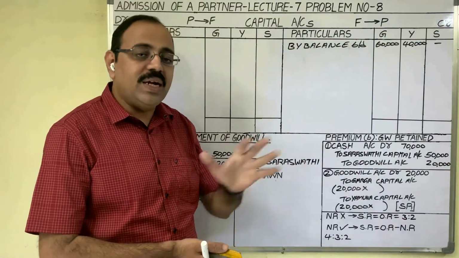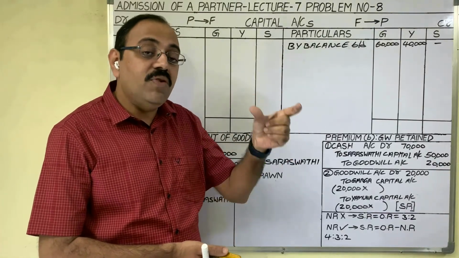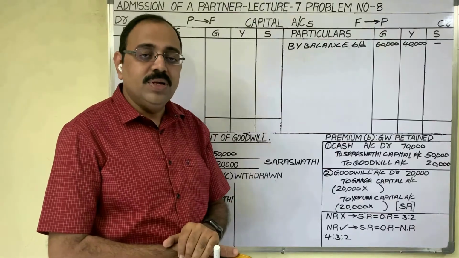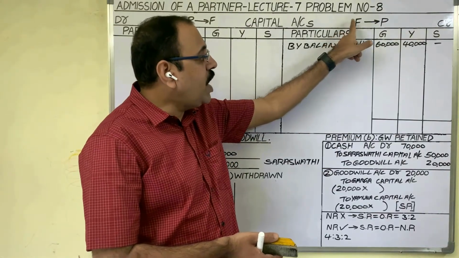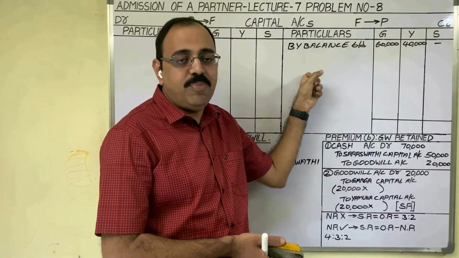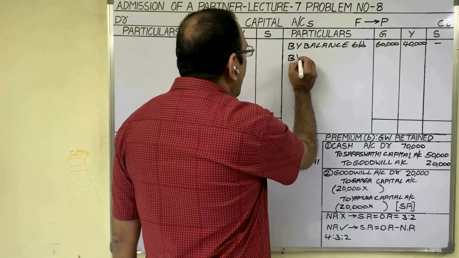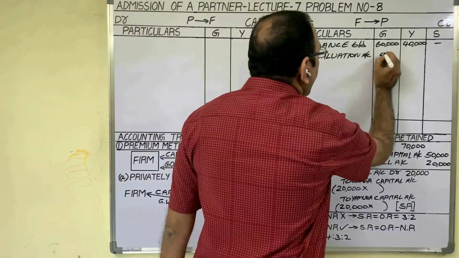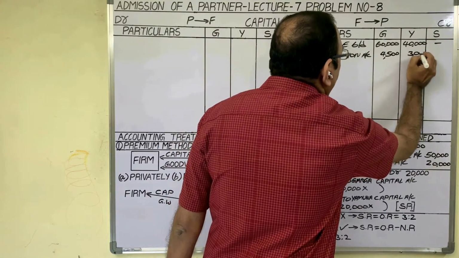Suppose a partner is retiring, then the firm should pay his share of revaluation profit to him. So at the time of retirement, the firm should pay the revaluation profit share to the partner. Therefore, it appears on the credit side. What to write in the particulars column? By revaluation account. In the revaluation account, we calculated 4,500 and 3,000.